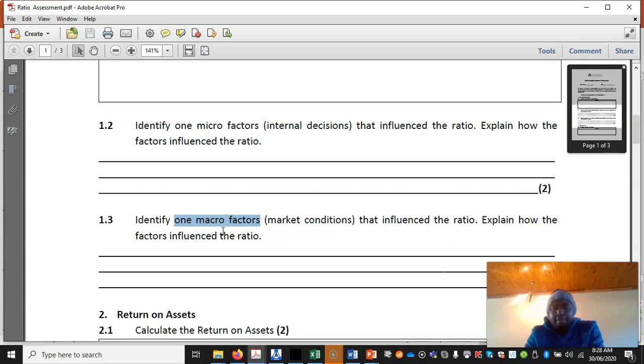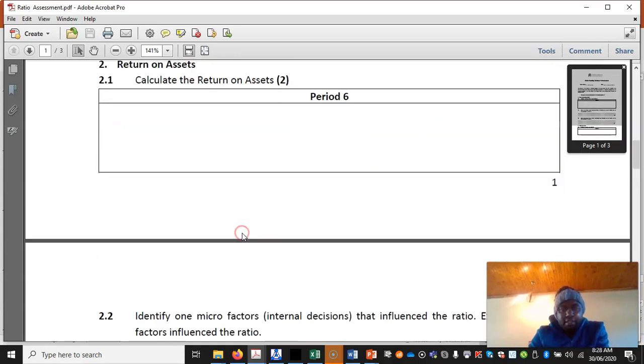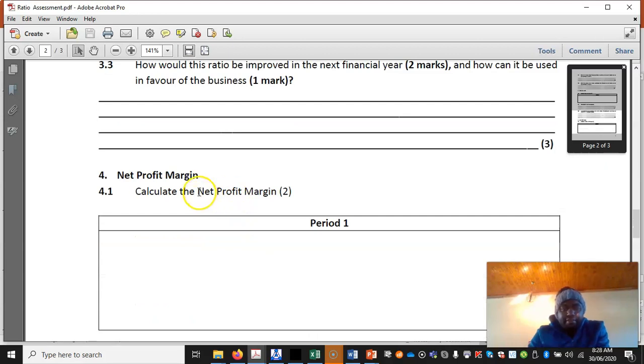For example, for ratios such as net profit margin, you could go to the news and see how the industry was. Did some costs increase? Did some costs go down? If some costs went down, it means your profit margin was good, because the higher the cost of goods manufactured and the higher the prime cost, the lower the profit margin. You have to look into that line.